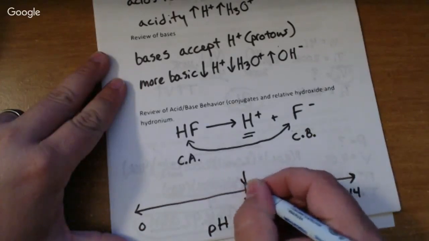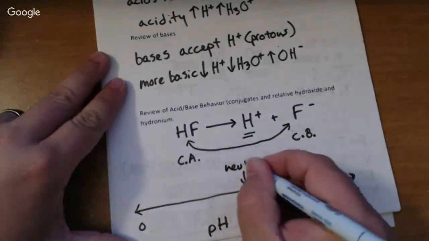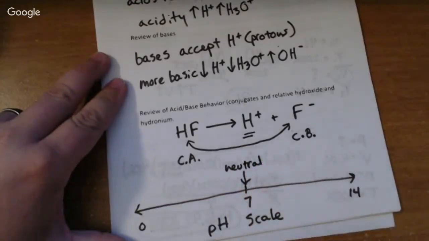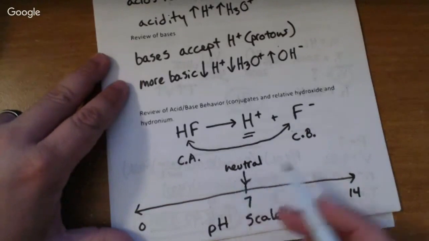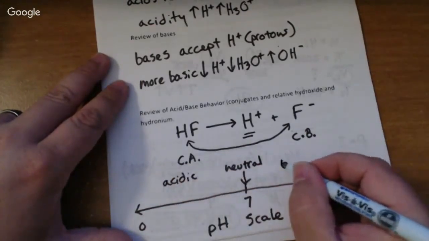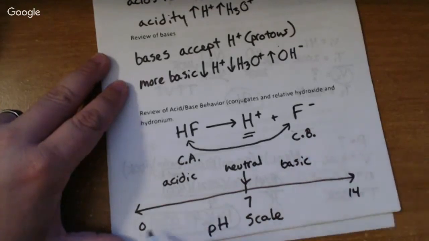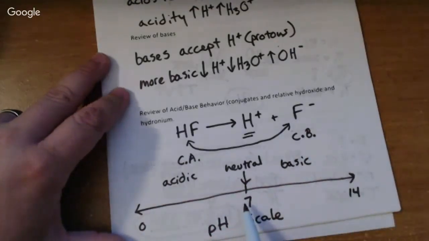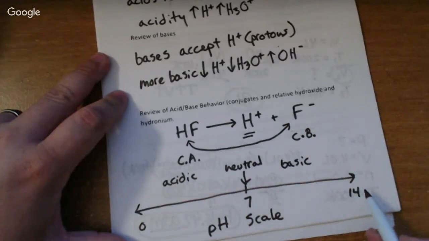Exactly 7 is going to be neutral. Not 7.1, not 6.9, exactly 7 is neutral. Because it's our halfway point between being acidic and basic. Anything 0 to 7 is going to be acidic. Anything 7 to 14 is basic. 7 itself is neutral.